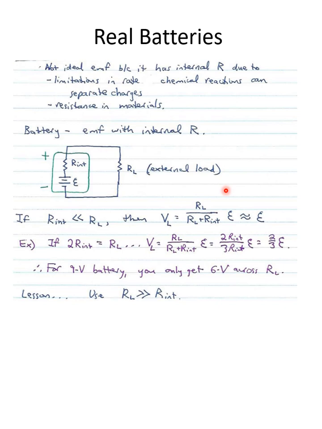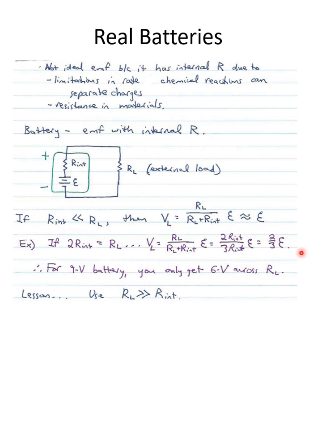Now, if, for example, 2 times the internal resistance is the external load's resistance, so that's a pretty significant internal resistance, we can run that formula and we get the voltage across the load is R load over R load plus R internal times electromotive force, and it becomes 2/3 times the electromotive force.